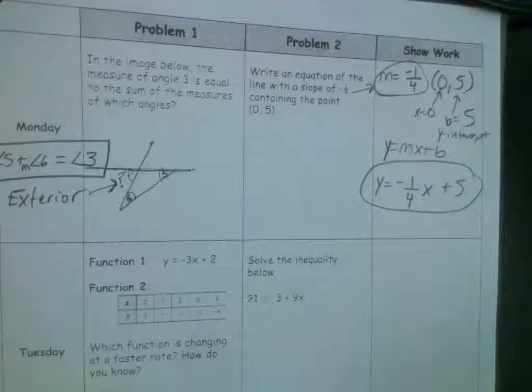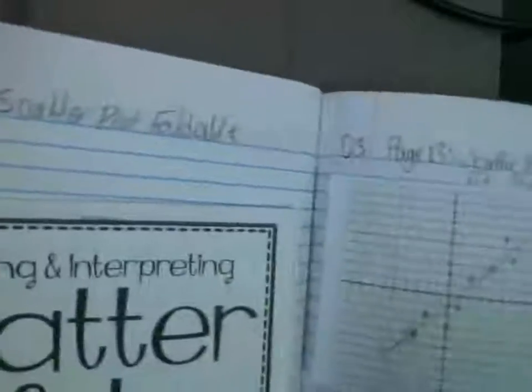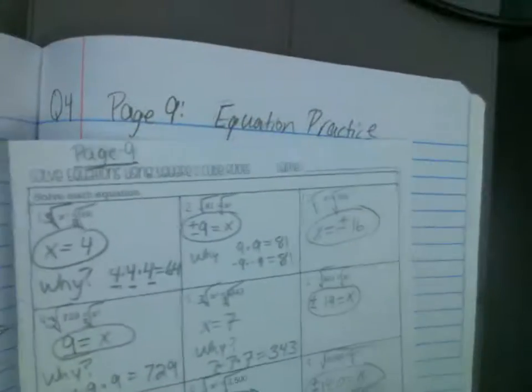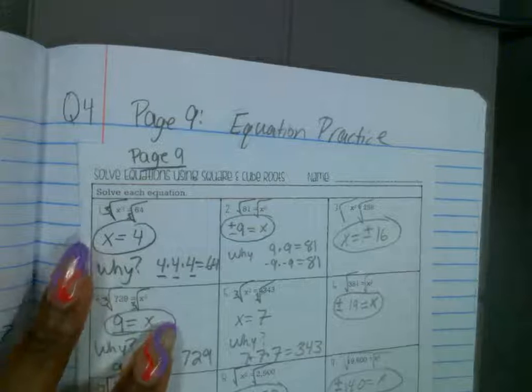All right, let's take out our interactive notebook, please. So this was the last page that we did, which was page 9.